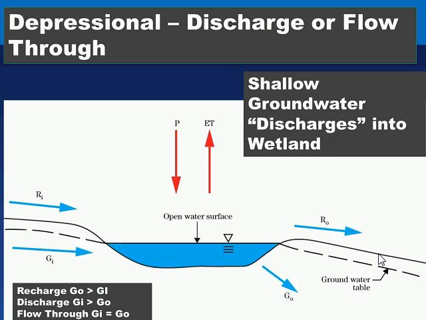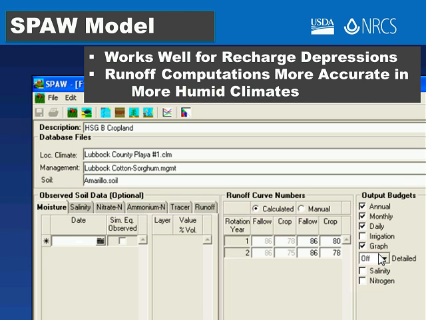And in certain cases, if the groundwater essentially flows through a wetland, like occurs in quite a few wetlands in the prairie pothole region, it's referred to as a flow-through. But mainly remember recharge and discharge. And that distinction is profound enough that the actual evidence in soil survey and soil features can determine whether that site is a recharge or a discharge wetland.